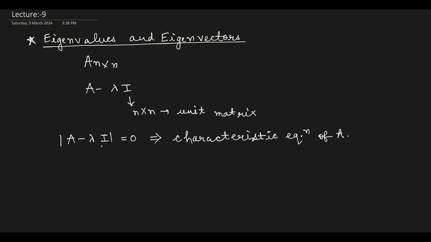So what will be A minus lambda I? If A is this n cross n matrix, A11, A12, and so on till A1n, A21, A22, and so on till A2n, An1, An2, Ann.